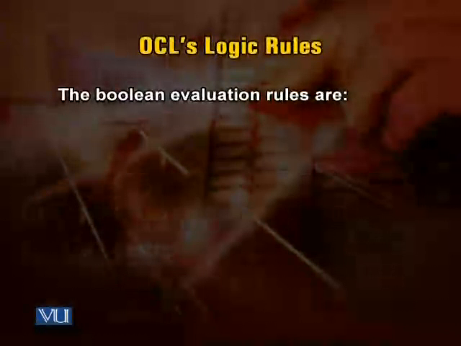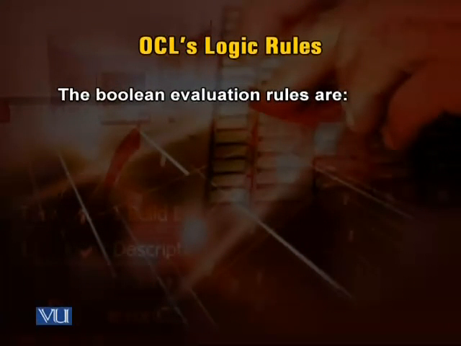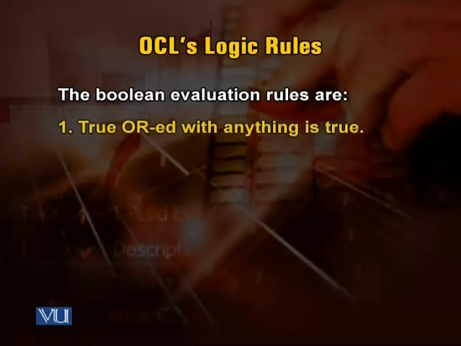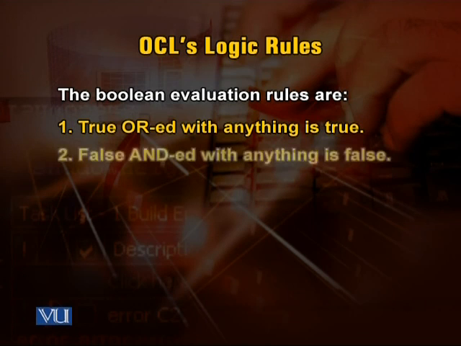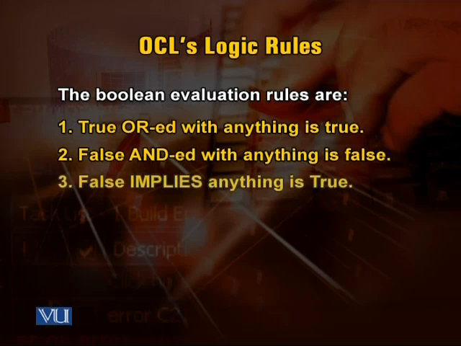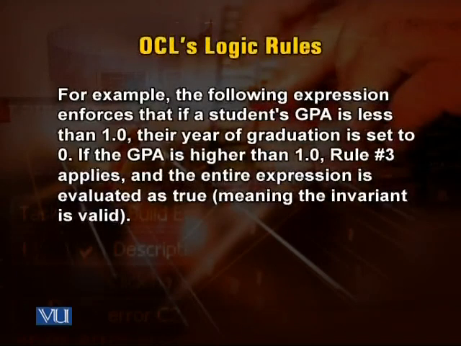The rules for OCL logic are that when we have a true which is ORed with anything else, it is true. When false is ANDed with anything else it is false. We have false implies anything which is true. Here we have, this is how we can use this implication. The example is, what we want to enforce is that if a student's GPA is less than 1.0, his or her year of graduation is set to be 0.